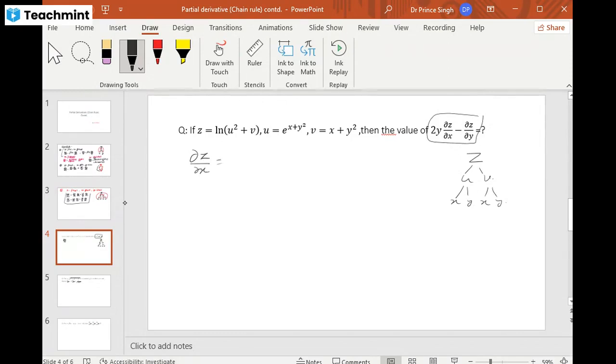According to the chain rule, z depends upon u, and u depends upon x. z also depends upon v, and v also depends upon x.